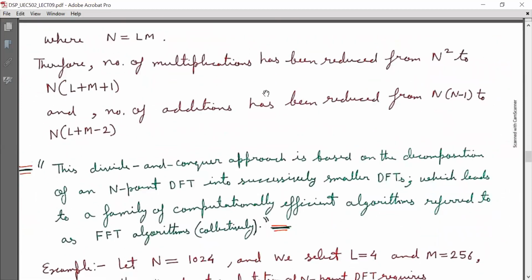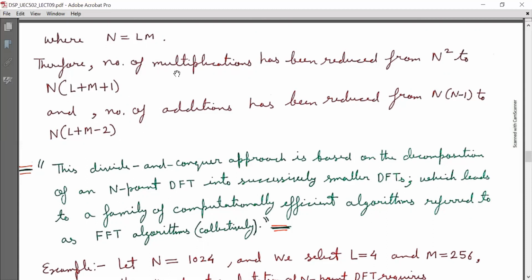Therefore, complex multiplications are reduced from N square to N into (L plus M plus 1), and the number of complex additions has been reduced from N into (N minus 1) to N(L plus M minus 2). So a huge reduction in computation complexity.